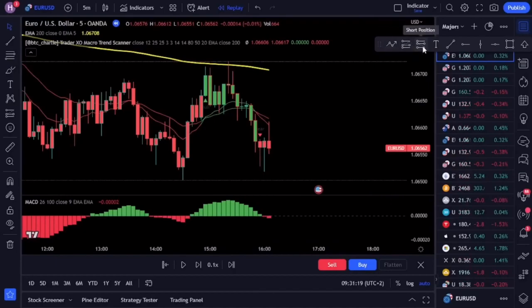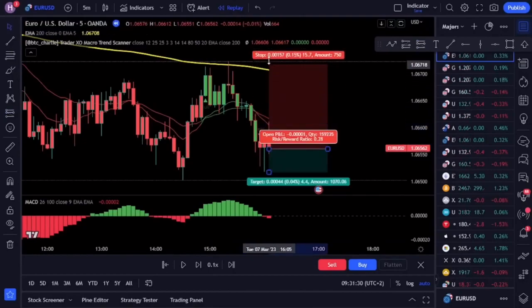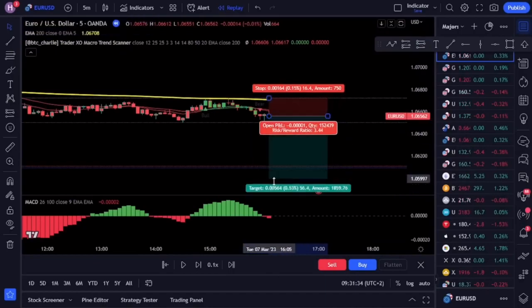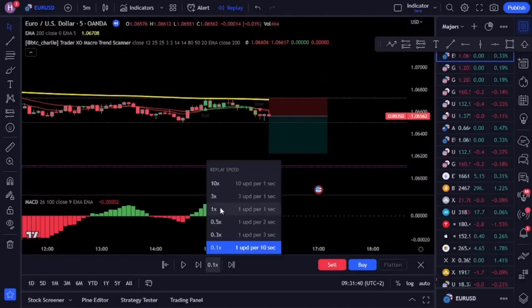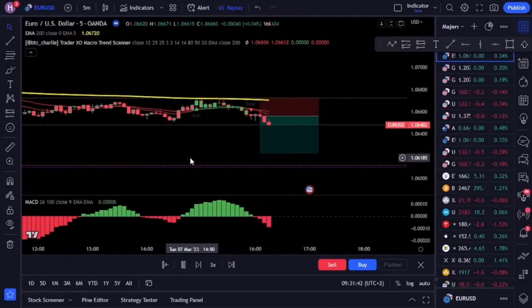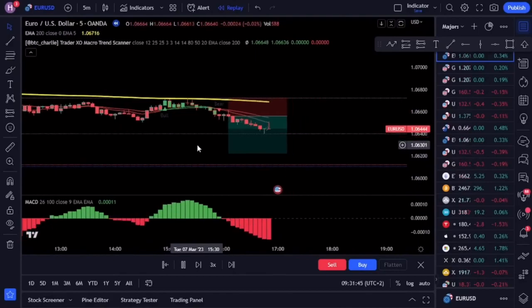The MACD histogram needs to be below the zero line, and now we have a third condition, which is that the price is lower than the 200 moving average line. Once the candlestick has closed, we're allowed to enter the sell trade. We'll set our stop loss at the previous high of the market and aim for a 1 to 2 risk to reward. What this means is for every 1% of the account risk, you should aim for a 2% return.